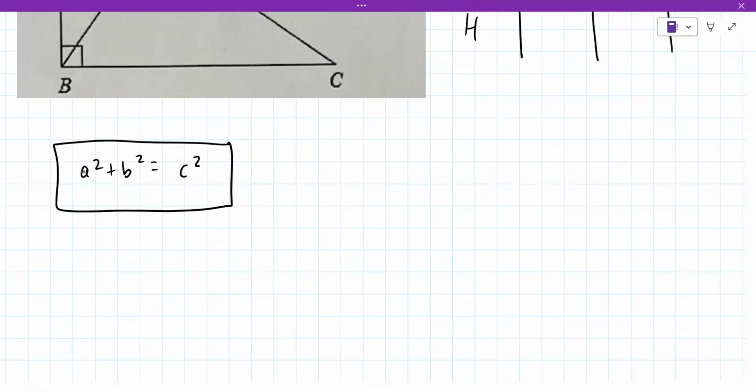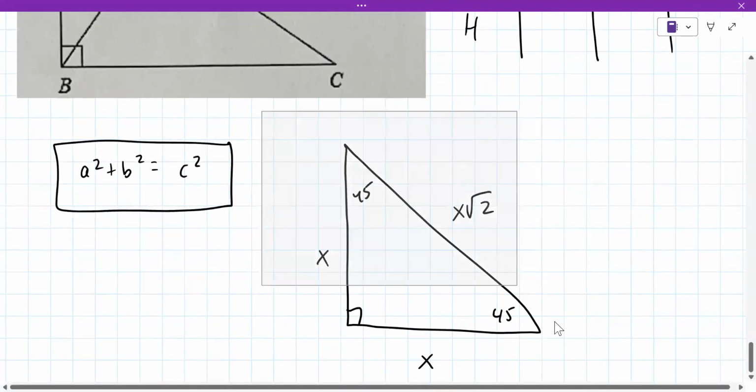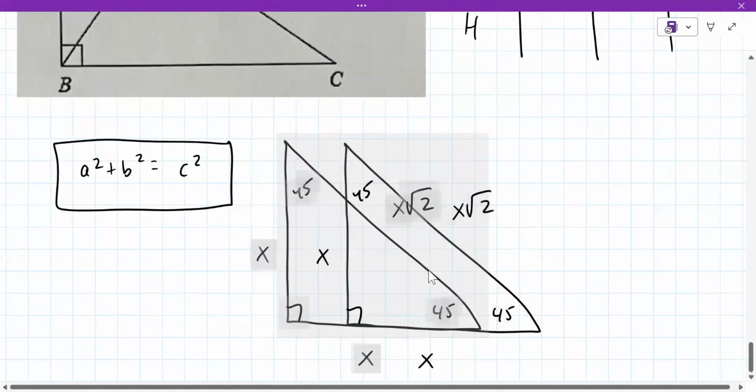You do need the 30, 60, 90 triangles and the 45, 45, 90. So here's the 45, 45, 90. So it's x, x, and x root 2. Yeah, that's good.